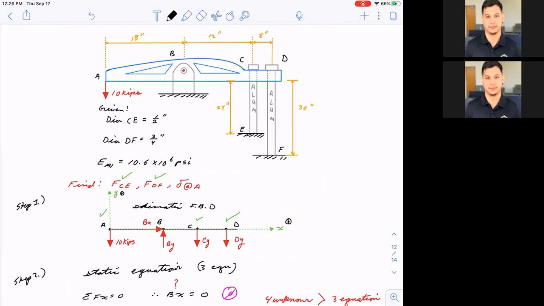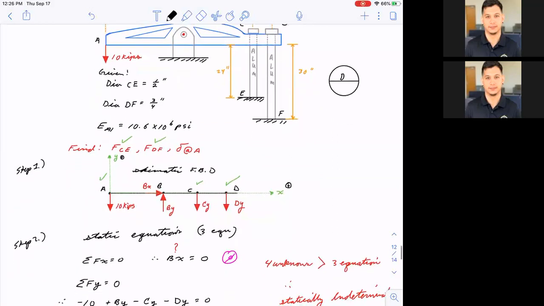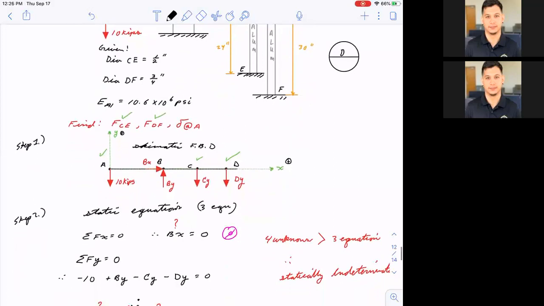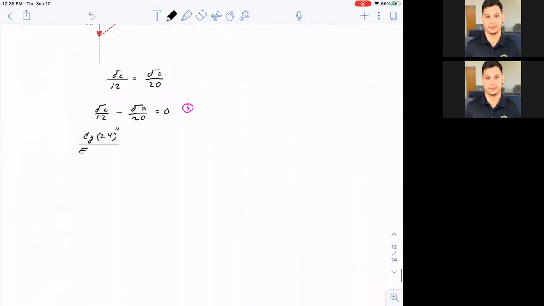And remember that the area is not this area right here. It would be the area of these tubes, which are circular tubes with a diameter d. So for CE it's 1/2. So what is the area of a circle?